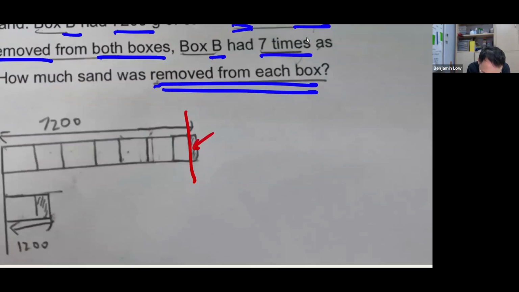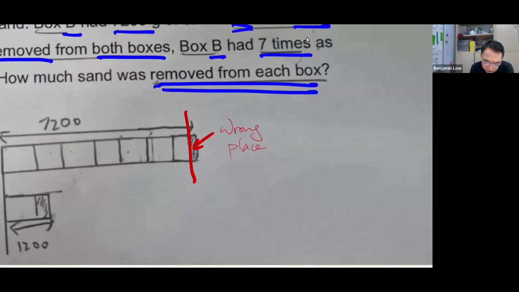Okay, this is in the wrong place. It's in the wrong place in the sense that if you draw it here, you will not be able to continue. It will not make sense.